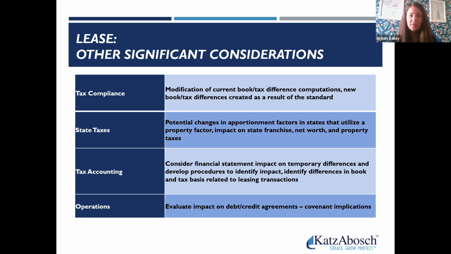You have this intangible asset. But how does that impact your Maryland personal property tax? These are questions that we're still sorting out. How does it affect your state apportionment factors if you file multi-state tax returns? Are there any other state forms that this could impact? So these are all things that we need to factor in and assess when we're making this transition.